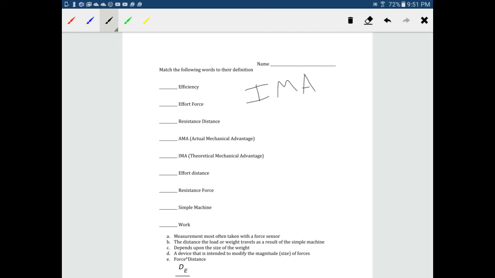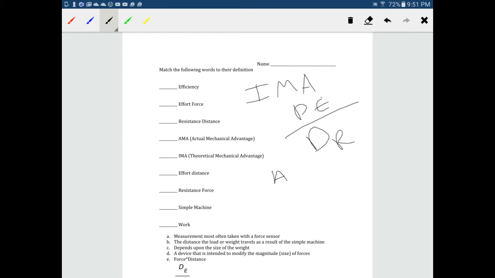And that is theoretical, so it only exists in our theoretical world. It doesn't actually exist in the real world. That is done by dE over dr. That is the same for every machine, right? You just have to find the effort distance, the resistance distance, divide them, and you're going to be able to find your IMA.